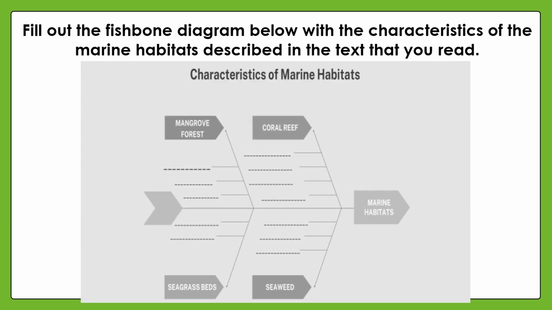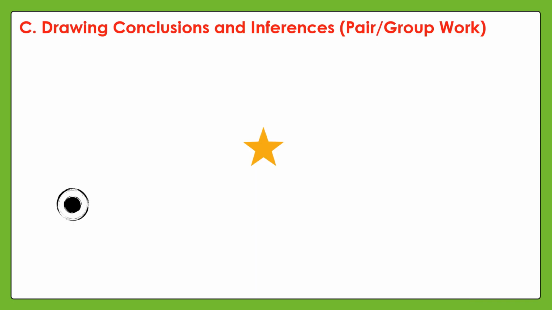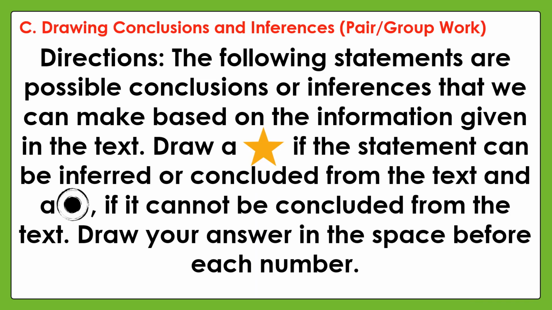Fill out the fishbone diagram below with the characteristics of the marine habitats described in the text that you read. Characteristics of marine habitats: mangrove, coral reef, seaweeds, and seagrass beds. Drawing conclusions and inferences.